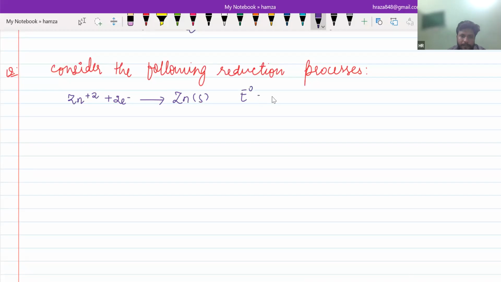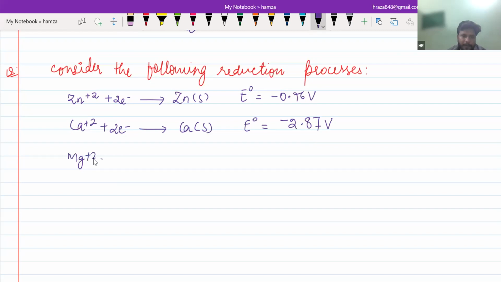E naught has a value minus 0.76 volt. Ca2+ plus 2 electron will give calcium solid. E naught has a value minus 2.87 volt.